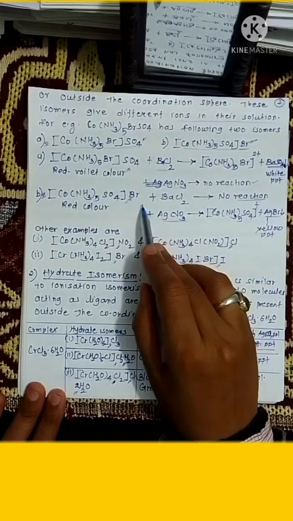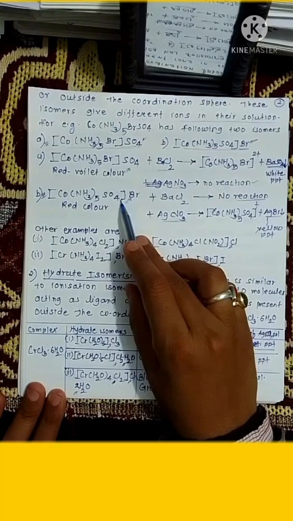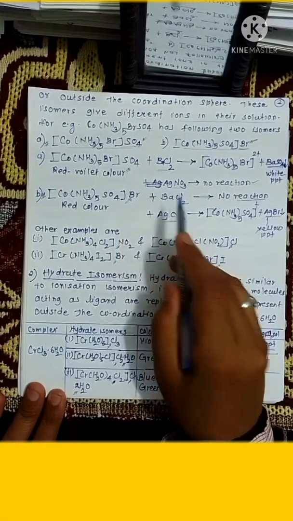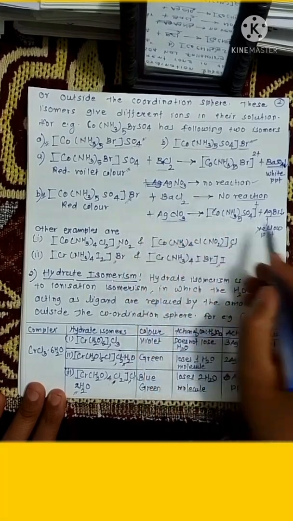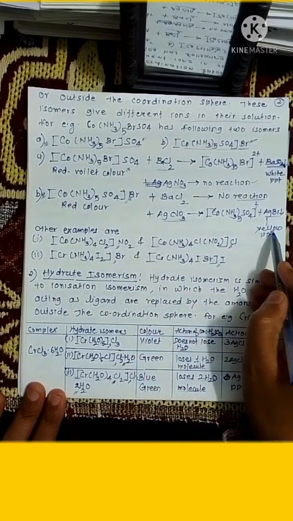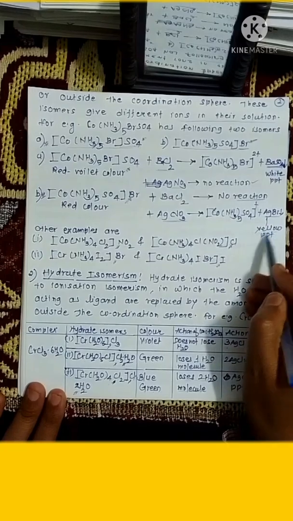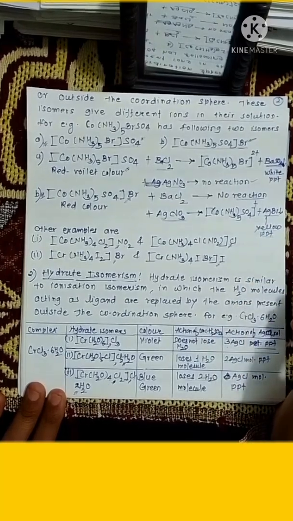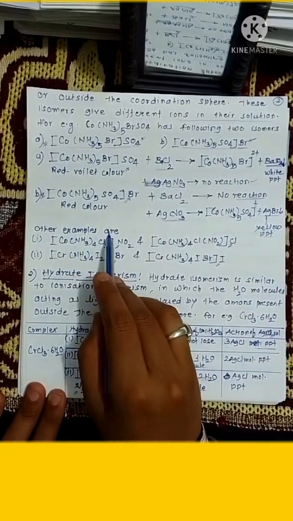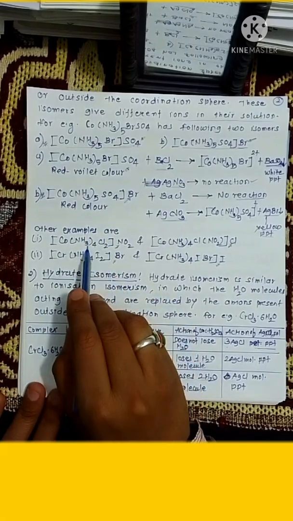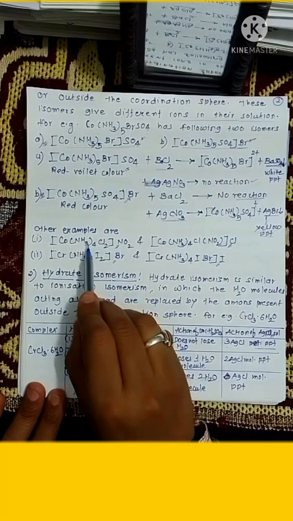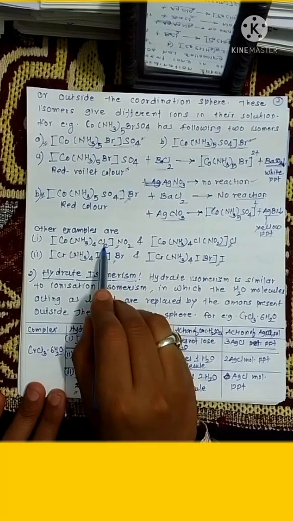But when we react the solution of this complex with AgNO3, a precipitate of silver bromide is obtained, which is yellow in color. Some other examples of ionizable isomers are written here. Just see this pair.